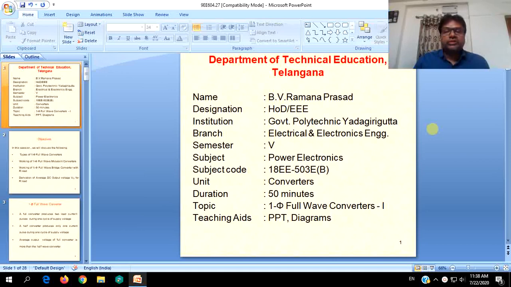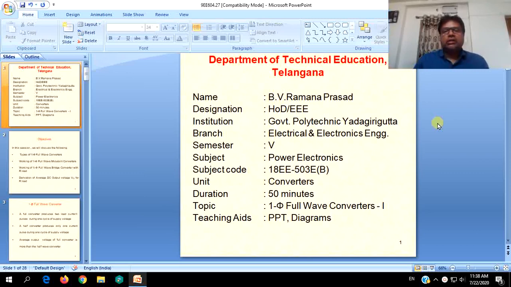This is the 13th session in which we will continue to discuss the converters, particularly full wave converters. Up to the previous sessions, we have discussed the working and construction and design of half wave converters.